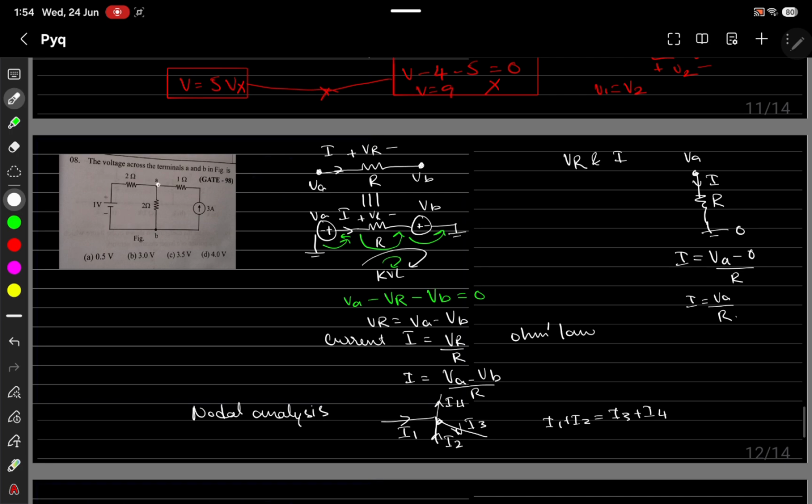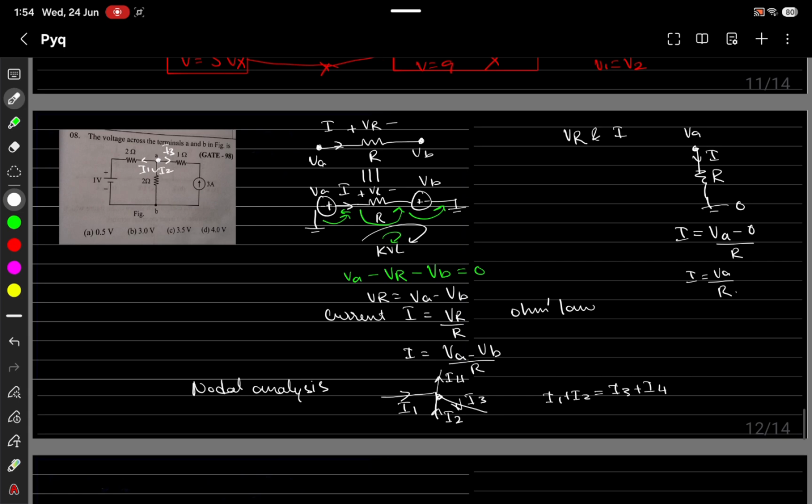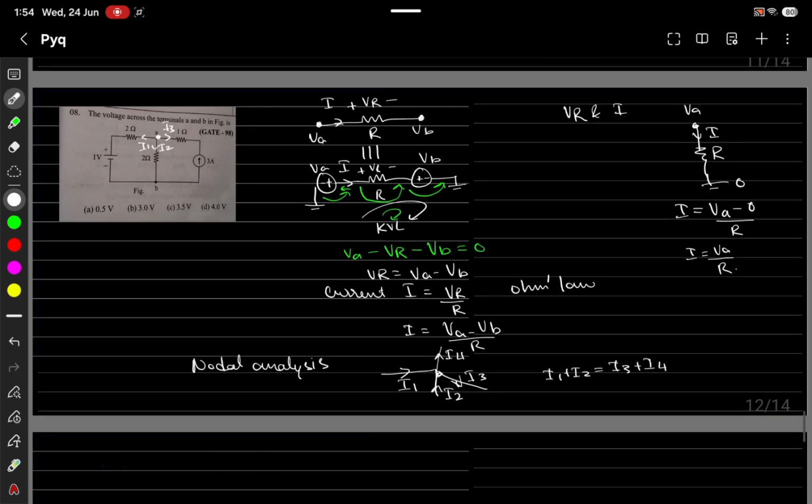Now I want to apply nodal analysis at this node. Okay, so let me write the currents I1, I2, I3. And why did I point all the currents outward? Since I don't know the direction of currents, I assumed all the currents flow out of the node A. Later while solving, if we encounter values of I as negative, then we just need to reverse the direction of the arrow.